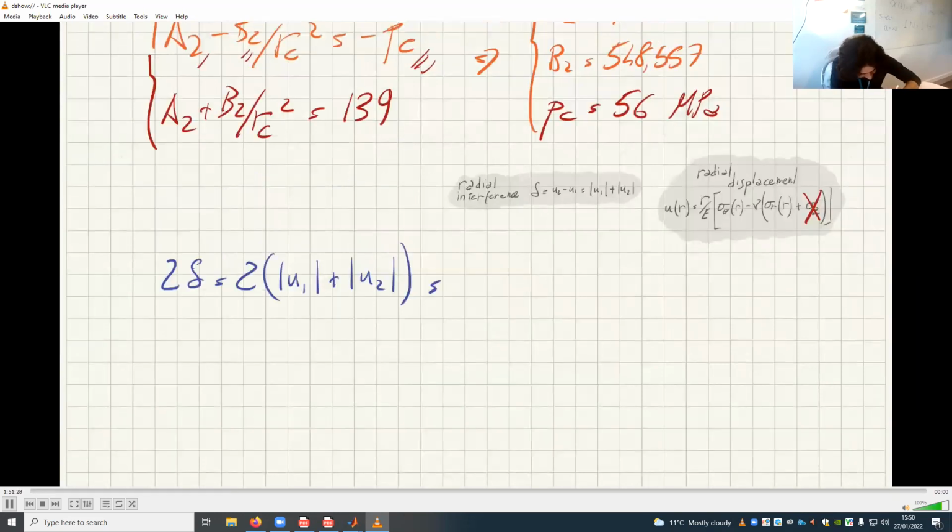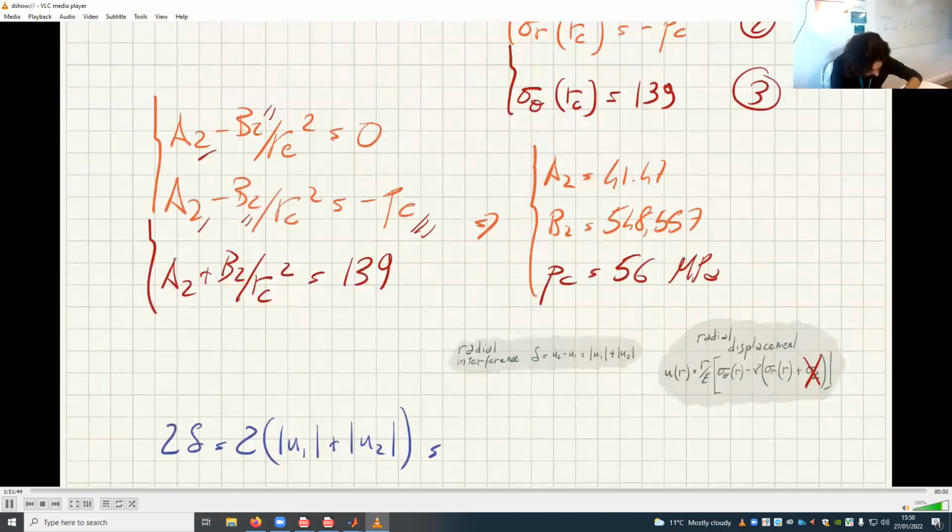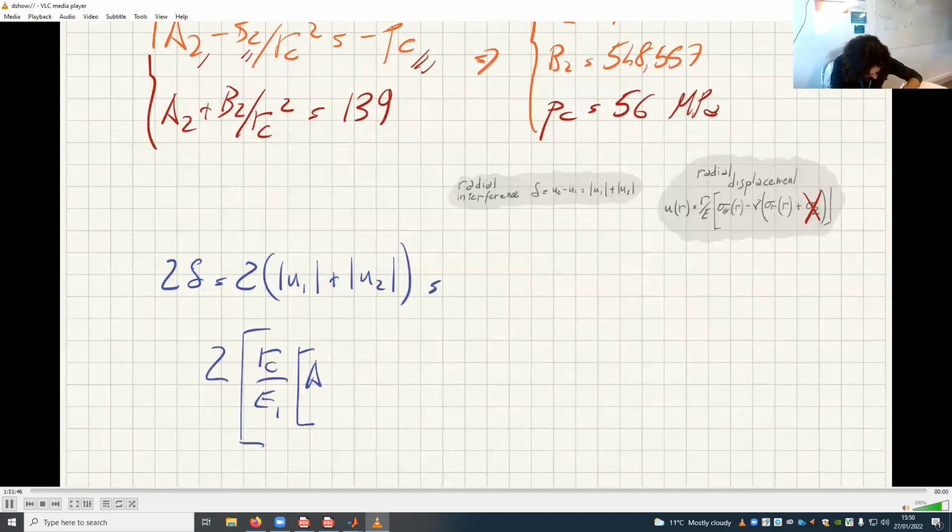This is twice, let me do this here, 2 times RC over E1 times A1. So this is A2, not A1. Yeah, no, it's A1, and this is the absolute value.